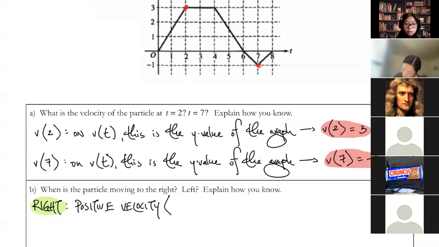Okay. So is it a positive slope? Positive y value? I think those are two really great ideas.